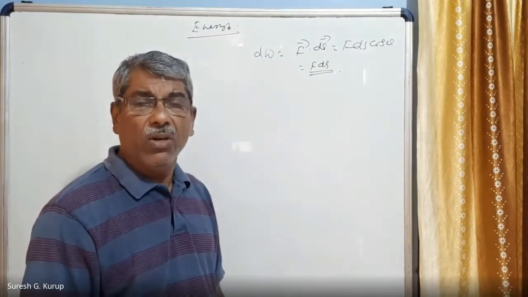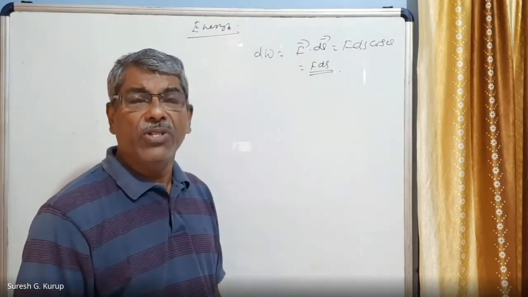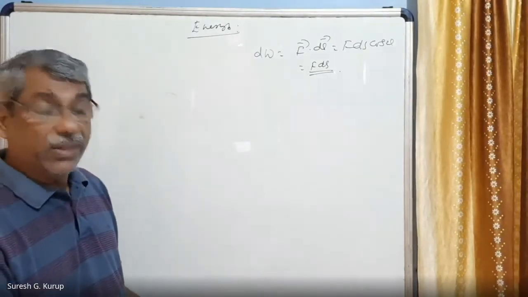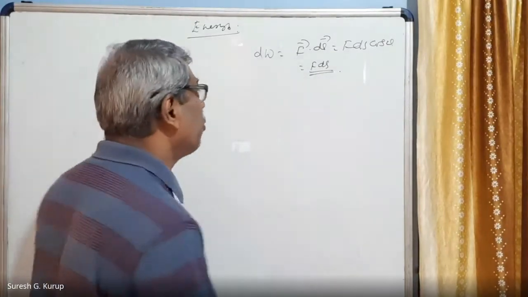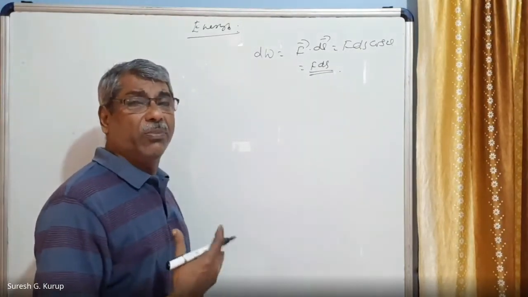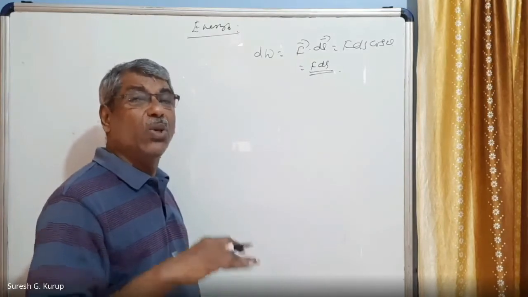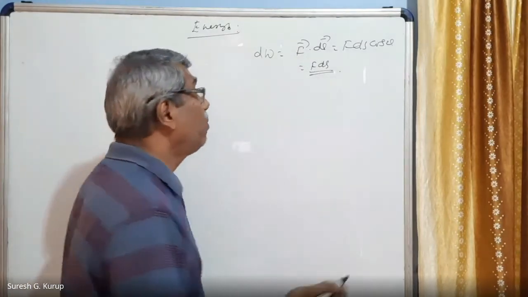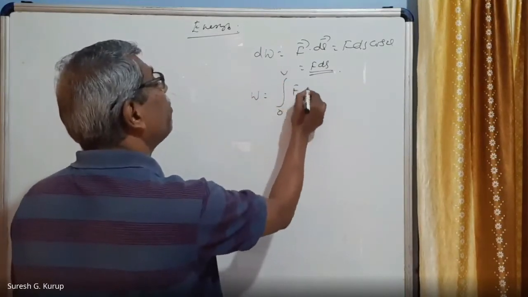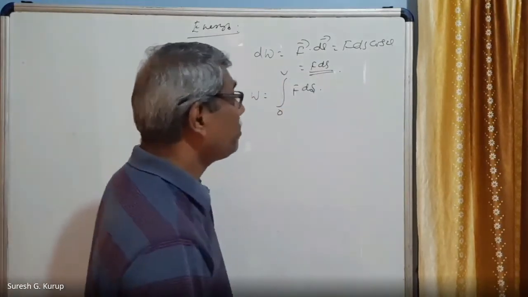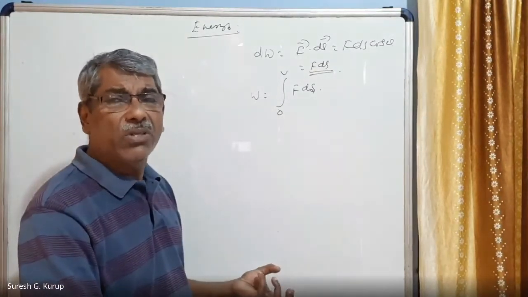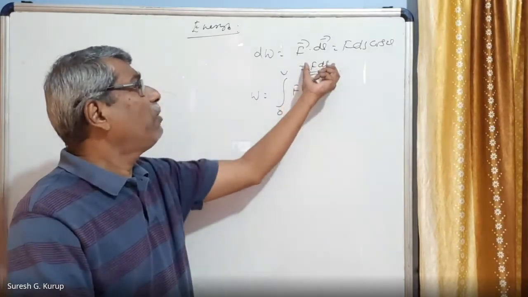Suppose the velocity of the body is changing from 0 to v, then the total work done is given by W = integral from 0 to v of F ds. Am I correct? For a very small velocity change, the value of work done is this much.